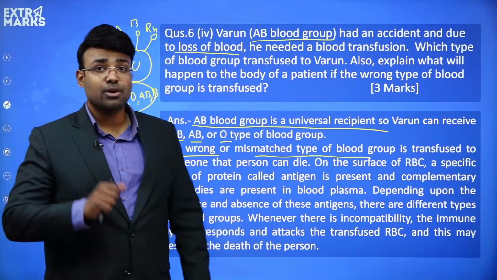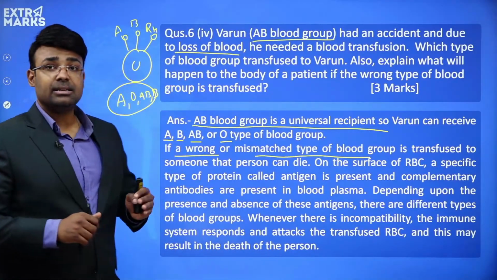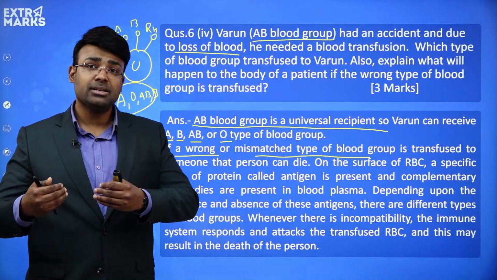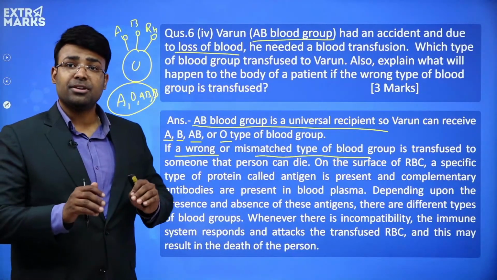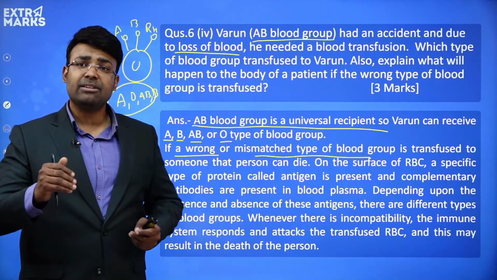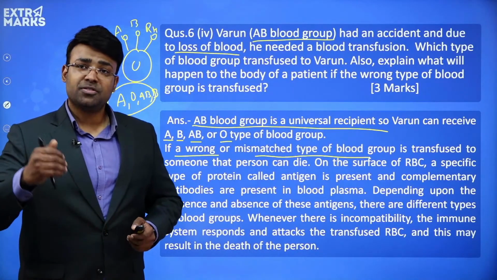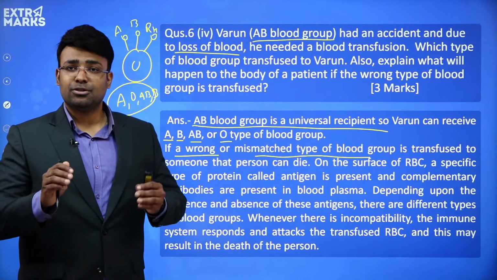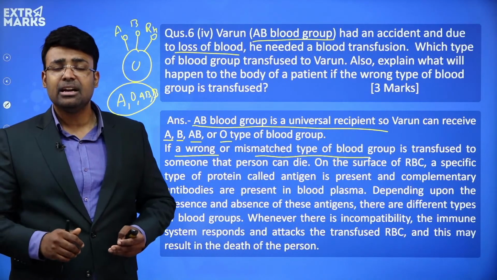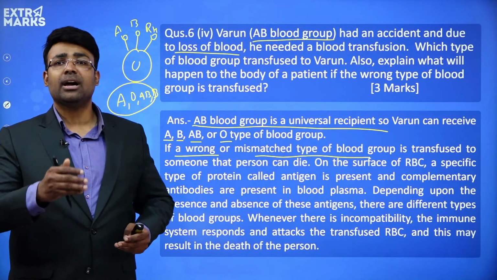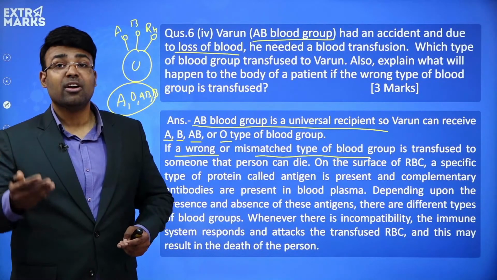And why does it happen? Varun does not have any antibody, but if someone has the B blood group or the A blood group, they are going to have A and B antibodies respectively. For the A blood group, what antibody are they going to have? They are going to have the B antibody.